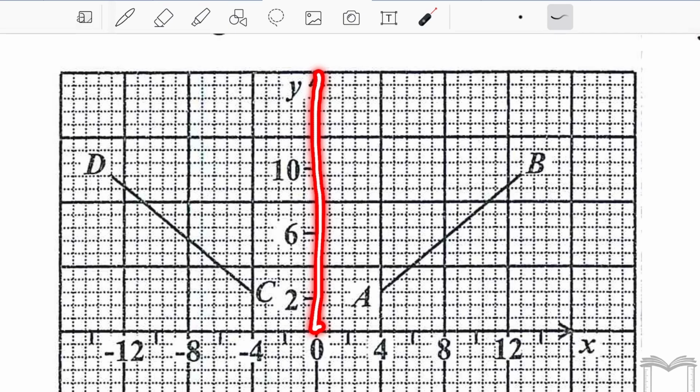So once the points, let's say for example, the point D has the same perpendicular distance from the y-axis as the point B, and the same happens for point C and A, then this would be a reflection in the y-axis. So let's see.